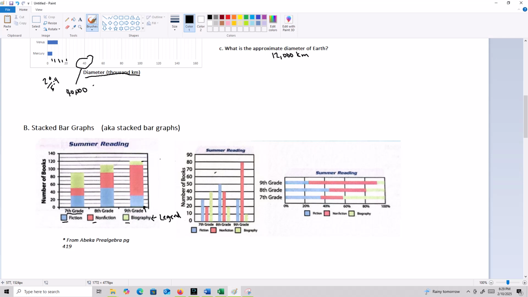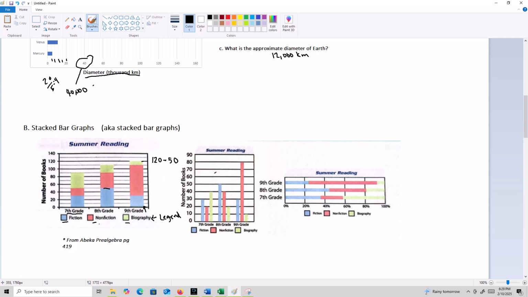But if I want to find out how many of those books they read were actually nonfiction, I would want to go 120 minus my fiction books, which is 50.